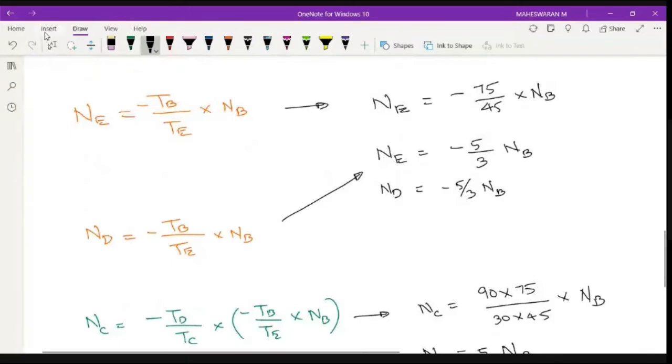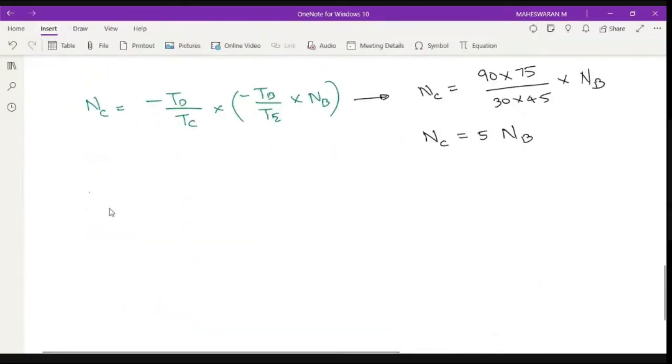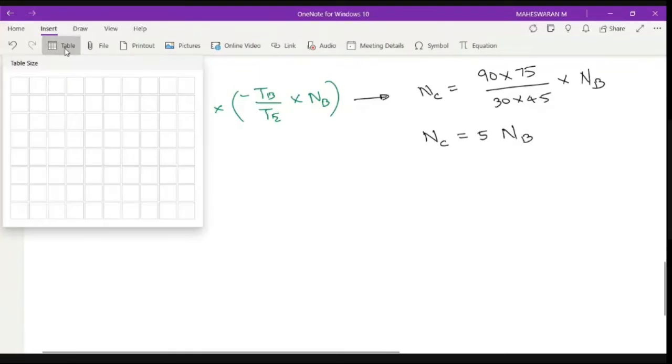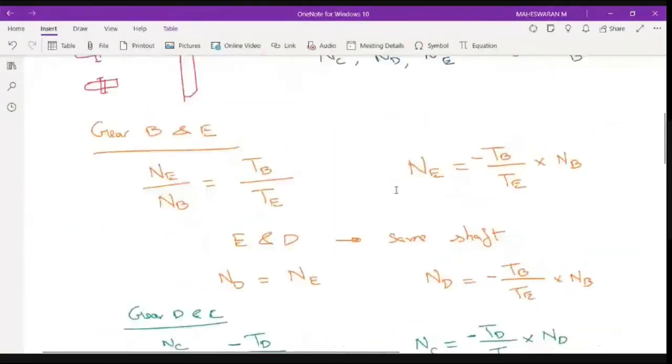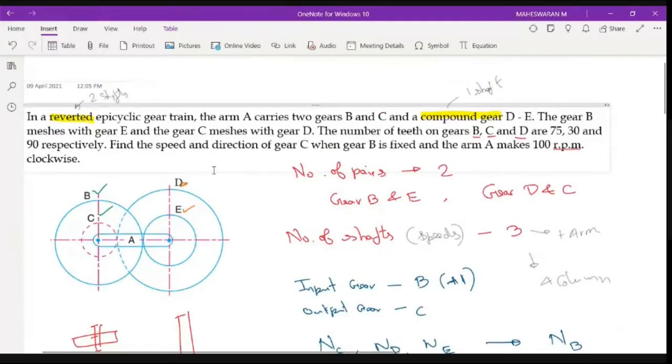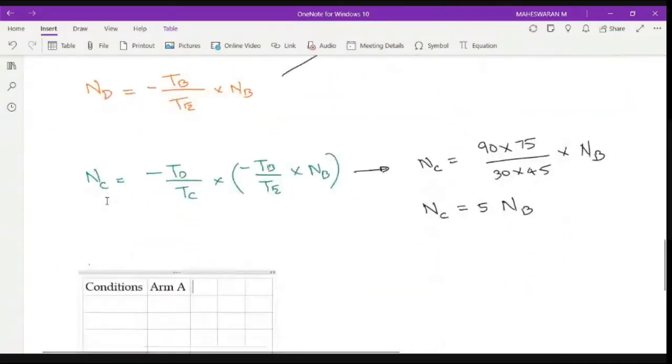Now let us create a table. My table has to be around 4 rows: one for writing the data, and here also 1, 2, 3, 4, 5. I'll put it accordingly. These are the conditions. First identify which is the input. B is the input. The first arm is carrying B and C, so C is the output and B is the input.